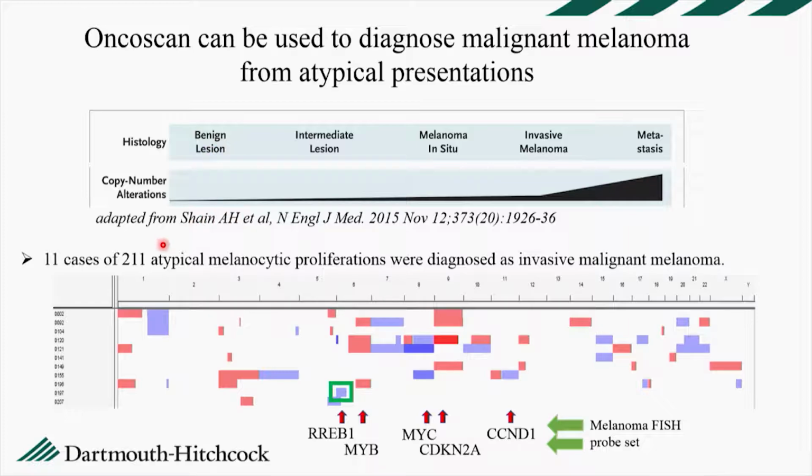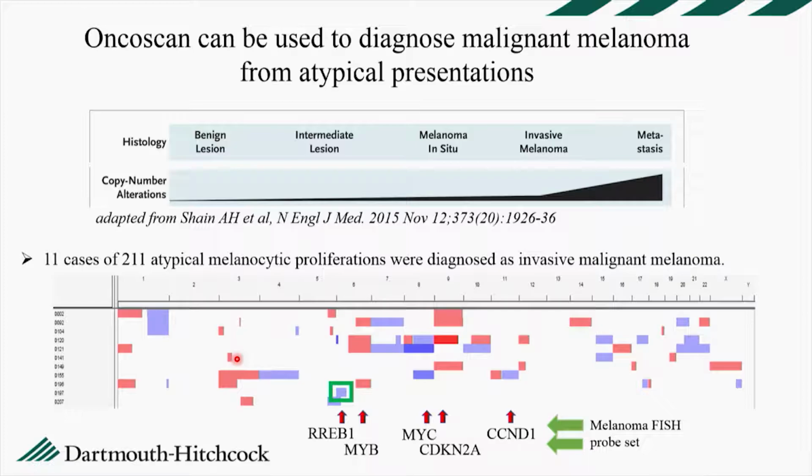So out of our cohort of 211 cases, 11 of these atypical melanocytic proliferations were diagnosed eventually as invasive malignant melanoma. And from this graphic here, you can see with just a single exception, most of these did involve entire arms of chromosomes in keeping with melanoma.